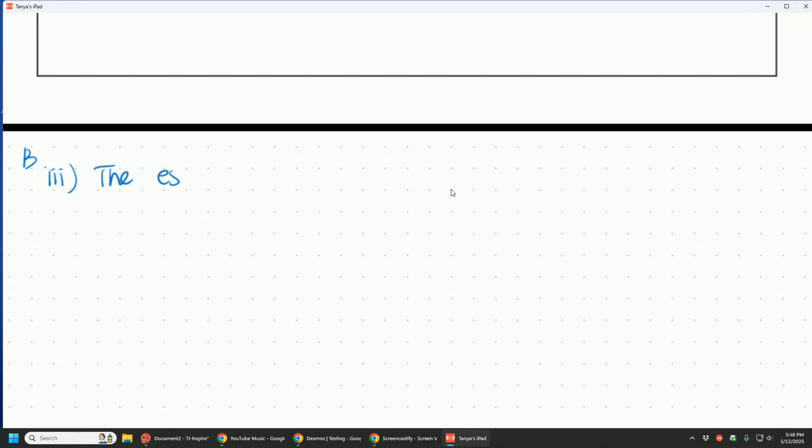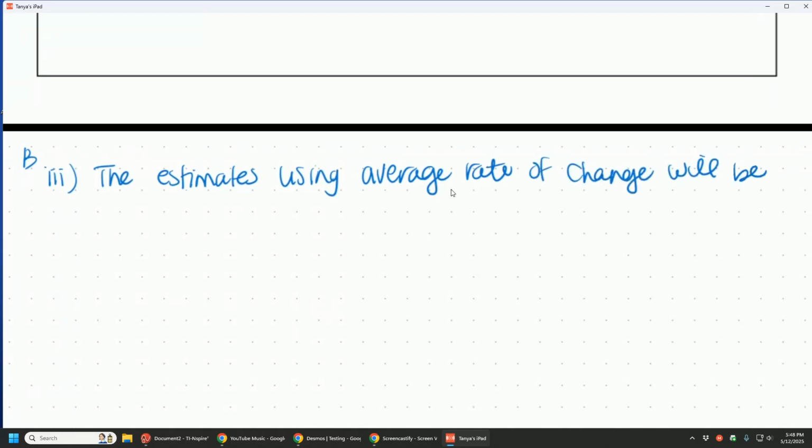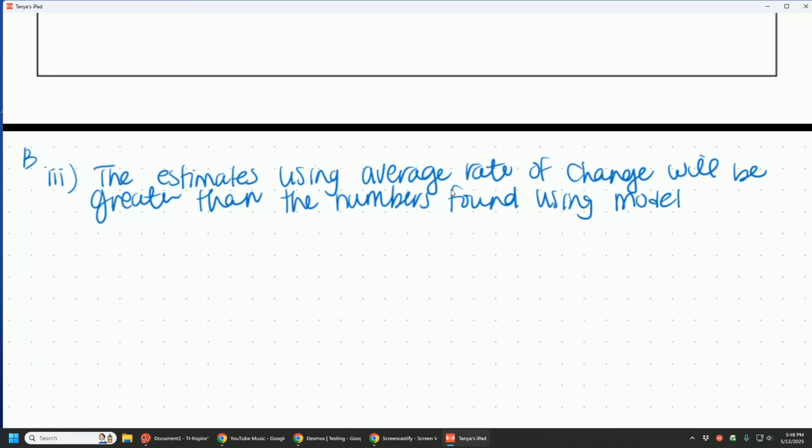The estimates using average rate of change will be greater than the numbers found using model P of T for T is greater than 7.